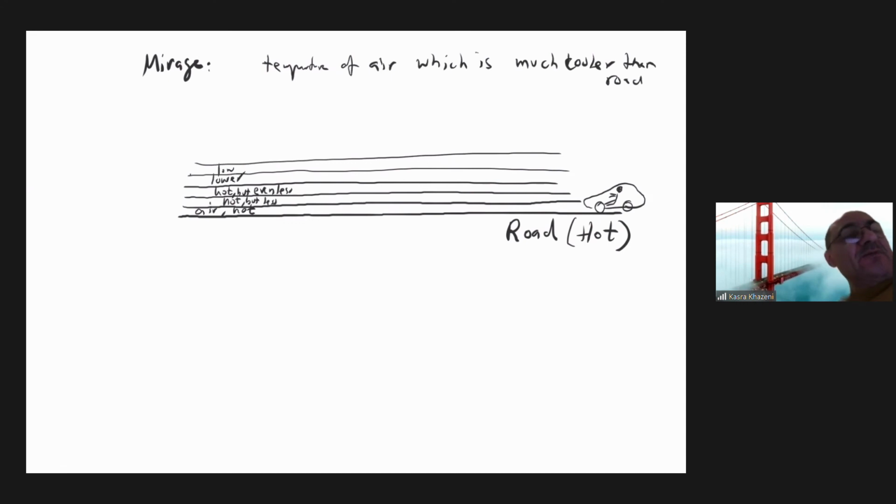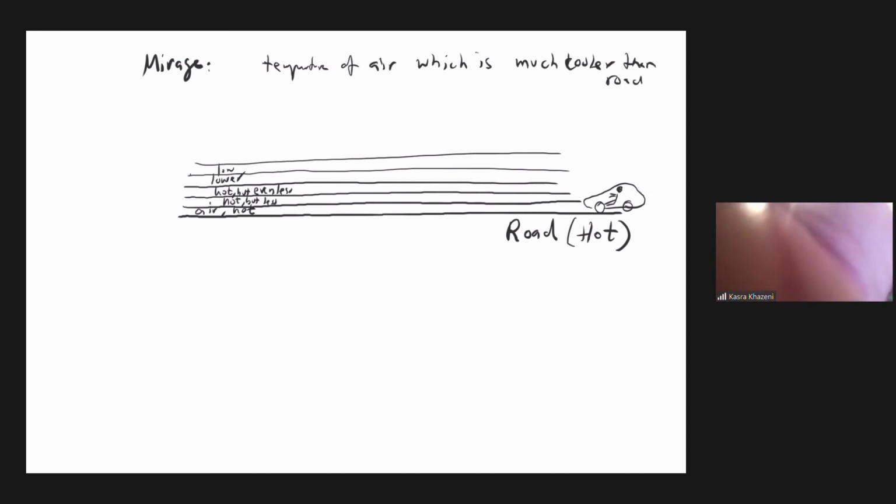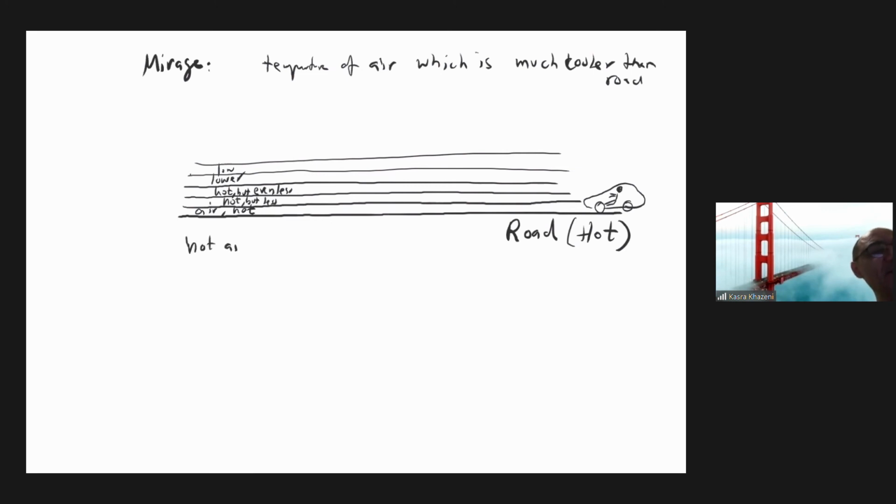All right, so far so good. That's not a big deal. It's obvious what's going on. The hot air gets cooler and cooler as you go away, until maybe 100 meters away.